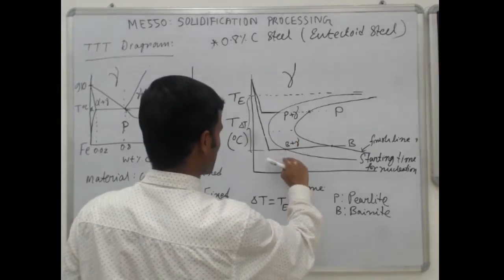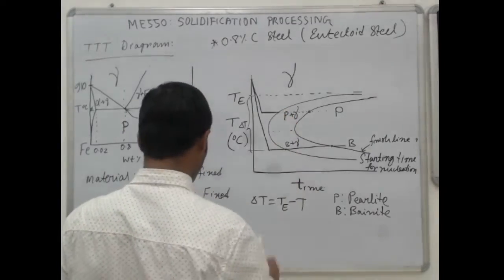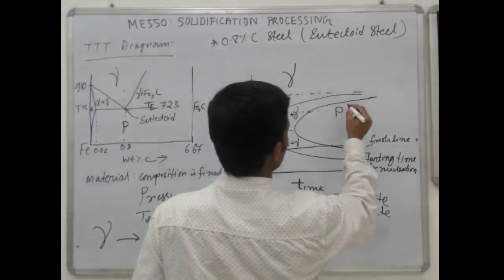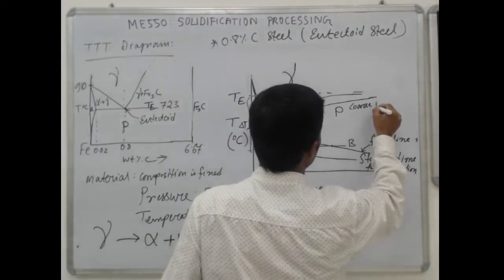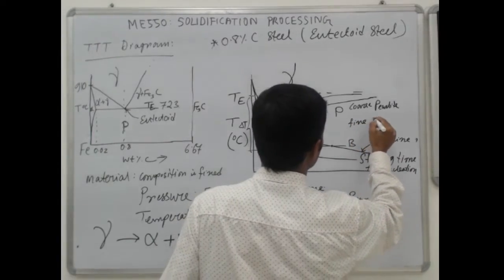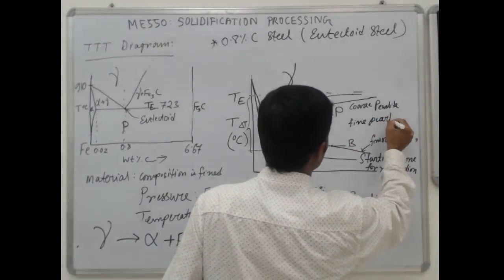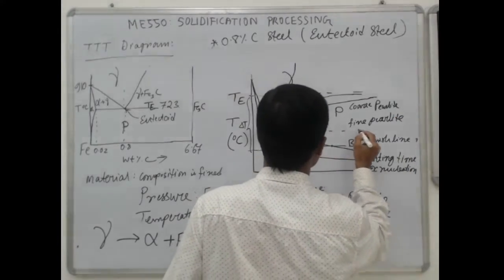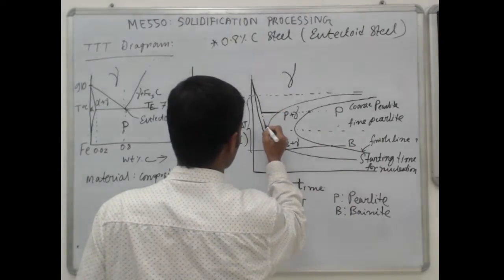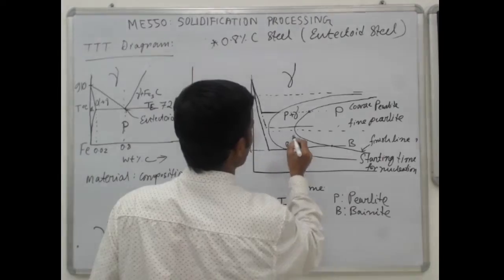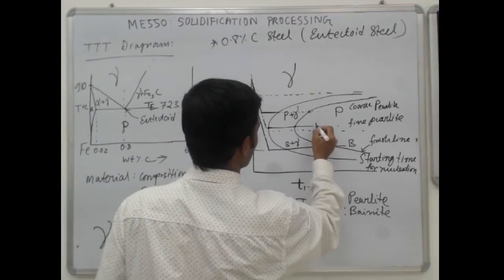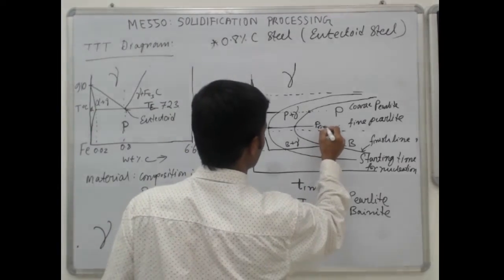So below this nose you get bainite, above this nose you get pearlite. And pearlite also, here you get coarse pearlite, here you get fine pearlite, but just near the nose you get very fine pearlite, because undercooling is increasing. If you come here and hold it here, your pearlite transformation will start here and then it will end here. Here you will get all pearlite, but it is fine. Here it is coarse.